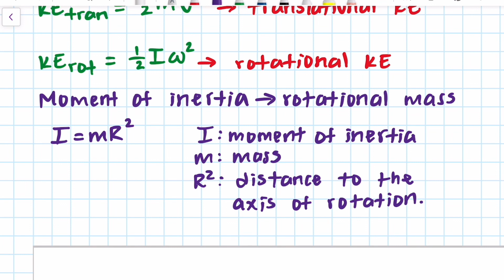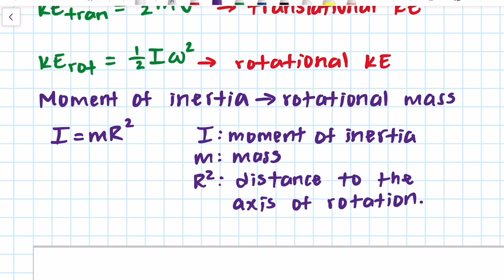So in this case, moment of inertia is affected by mass and distance. I want you to think about which one would have more impact, changing the mass or changing the distance. Well, in this case, it'll be the distance because of the squared. When you change the distance from the axis of rotation of an object, and then I'll show you in class how you can do that, that would have more impact.